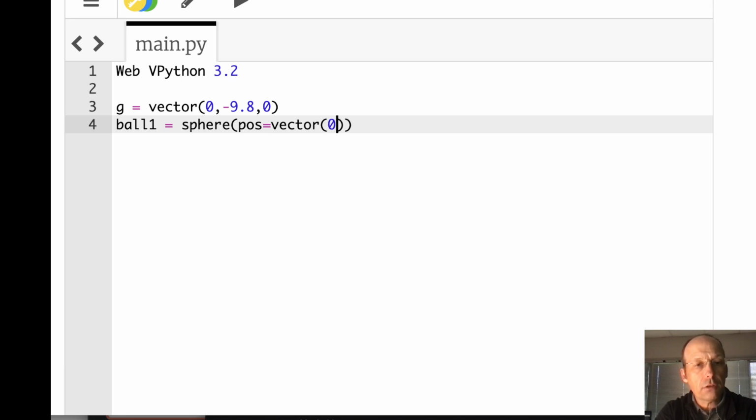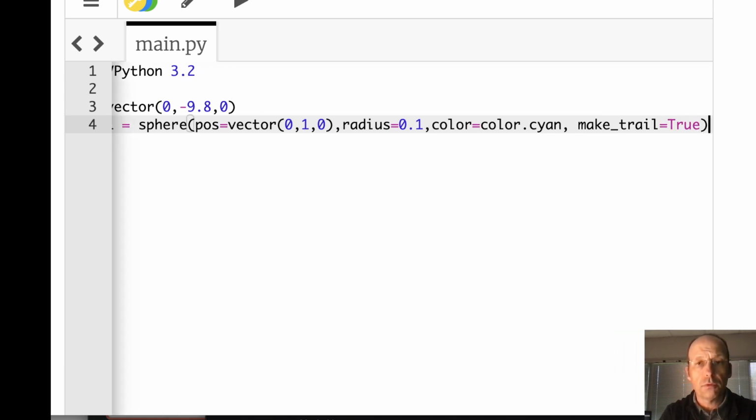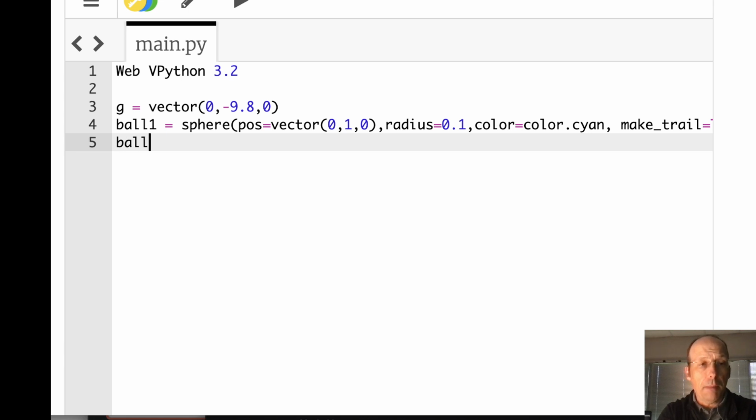So the position is vector 0, 1, 0, radius 0.1. Color equals color.cyan because it shows up well, and make trail equals true. I want to give it a mass. ball1.m equals 0.1. I'm just picking stuff here.